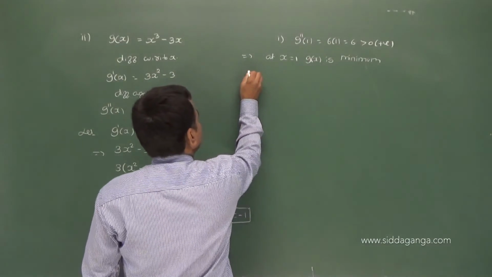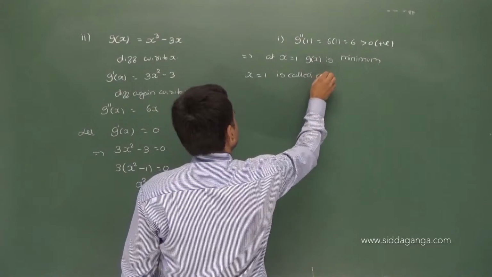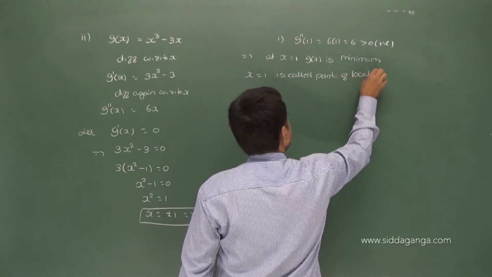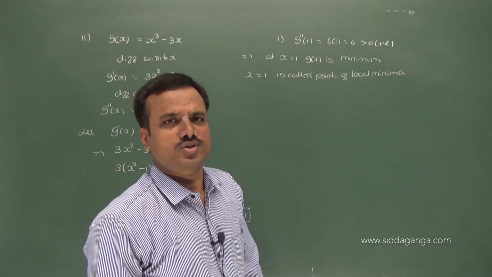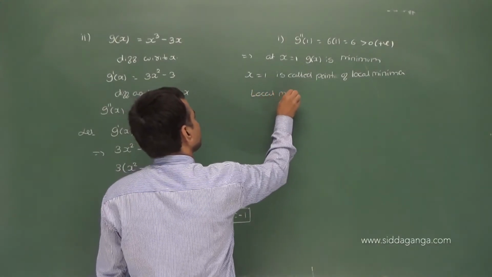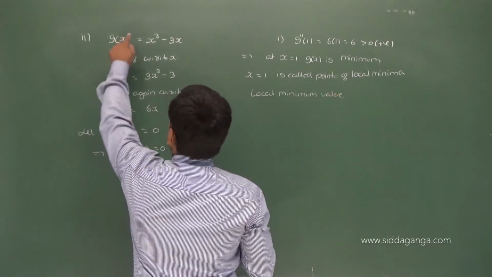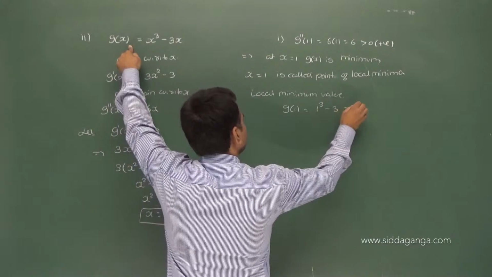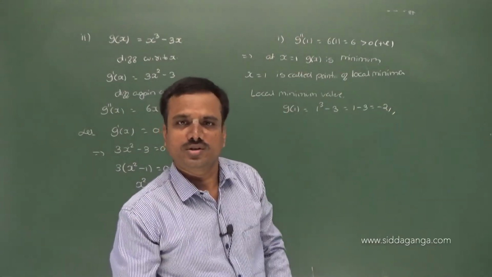Next, x is equal to 1 is called the point of local minima. Local minimum value: g of 1 is 1 cube minus 3 into 1, which is 1 minus 3, minus 2. First one is over. Clear?